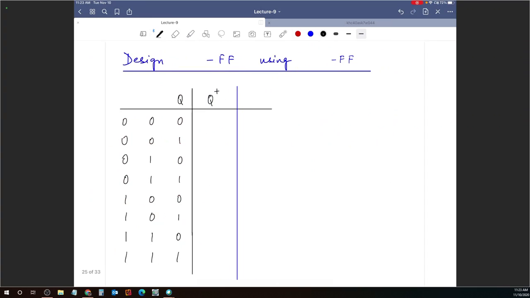Okay, now let us do something very interesting here. Let us try to design an absolutely new kind of flip-flop using any flip-flop that we have learned. So I need a volunteer who can pick some random sort of things for this.